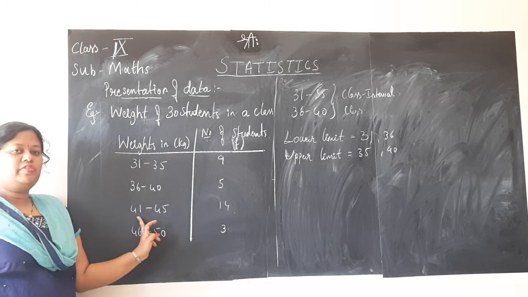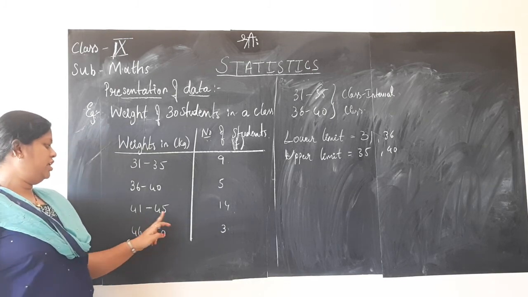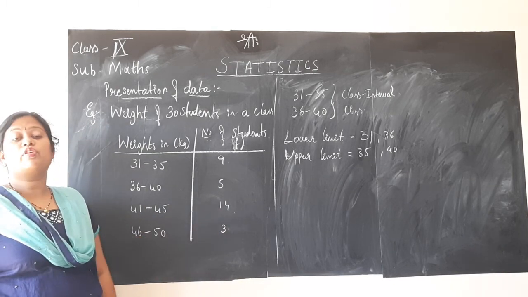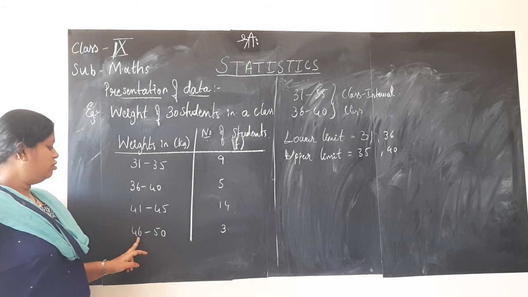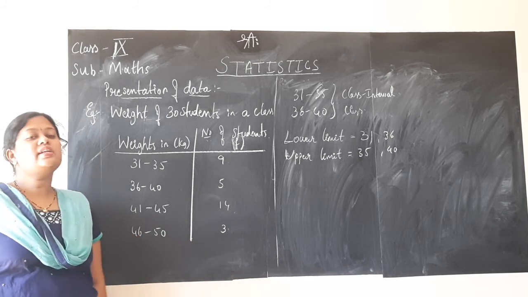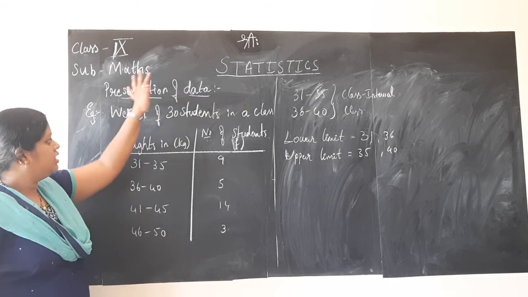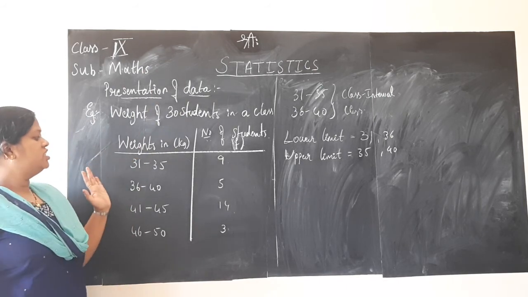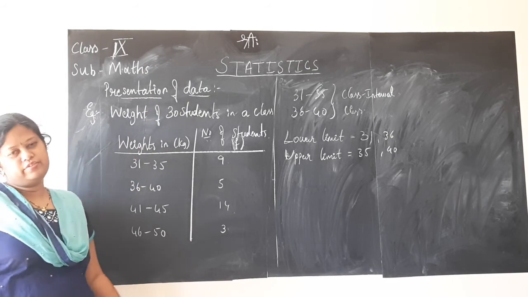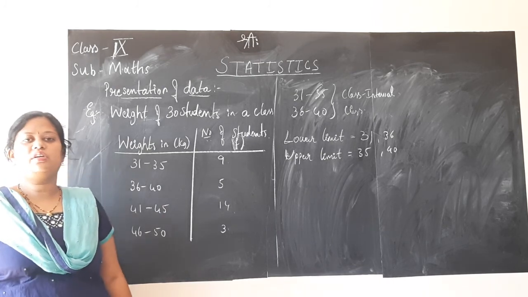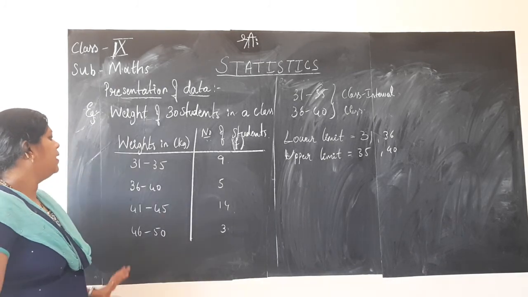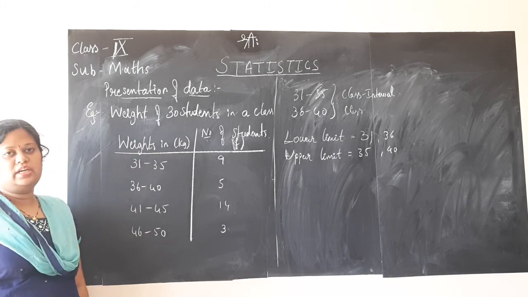The students whose weight is in the range 41 to 45 kg are 14 in number. Students who weigh 46 to 50 kg are 3 in number. For the space constraint, I have selected only a few data, children. This is sufficient in order to understand the concept. Okay? So, hope you understood the table.